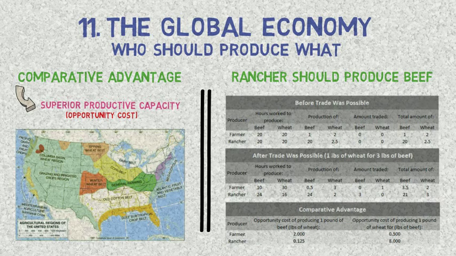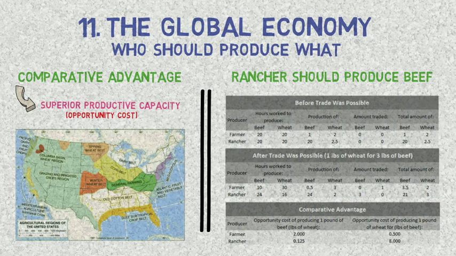The third table helps to understand how the comparative advantage principle works. The opportunity cost of producing 1 pound of beef is equal to 2 pounds of wheat for the farmer. Meanwhile, the opportunity cost of producing 1 pound of beef is equal to 0.125 pounds of wheat for the rancher.